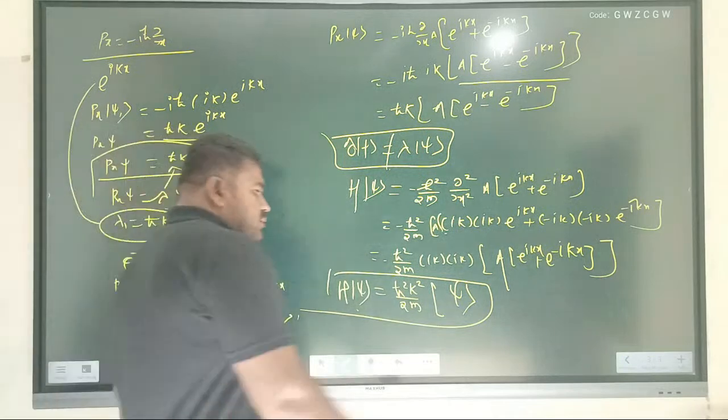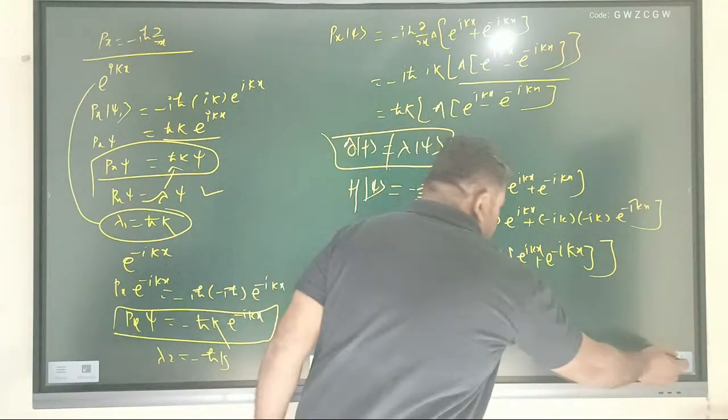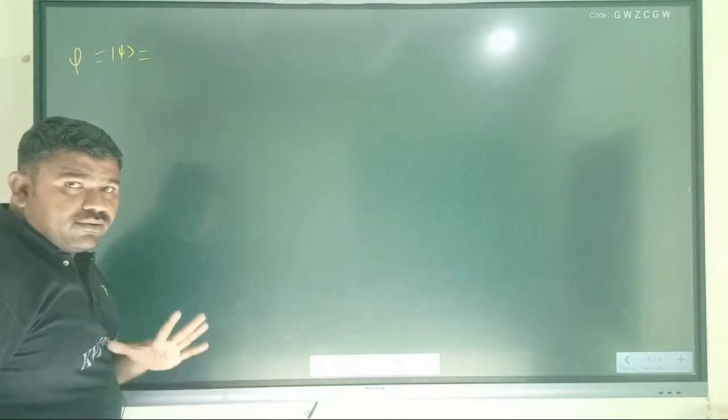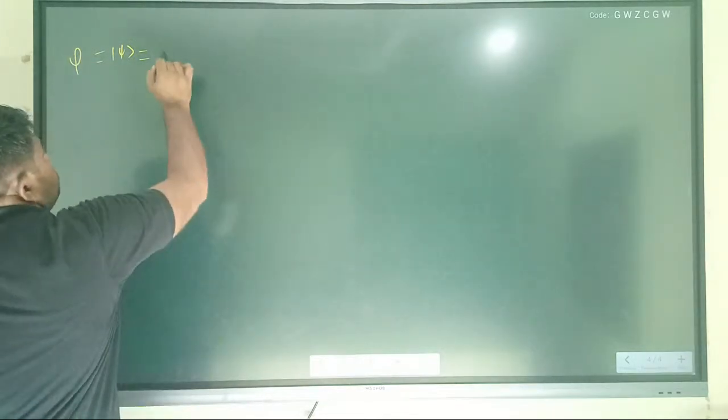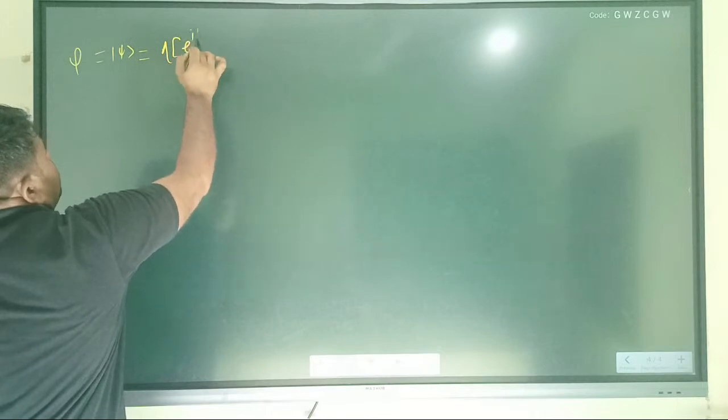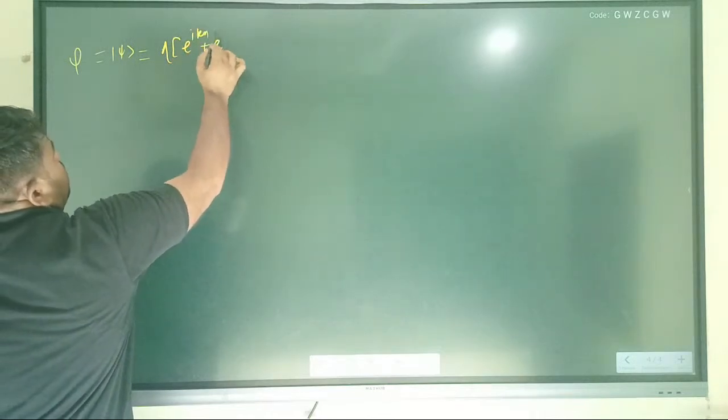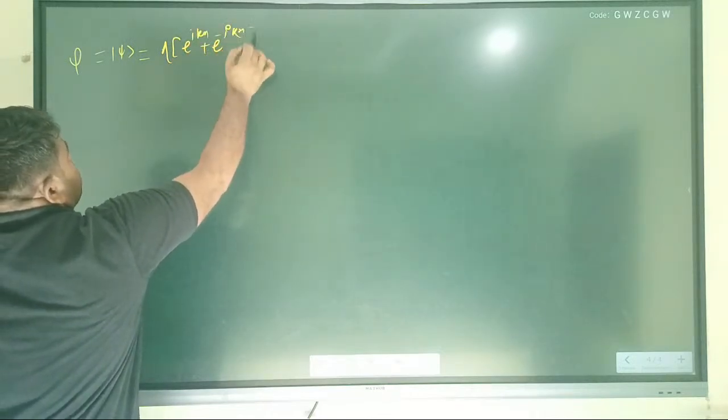Okay, now psi is this one. Then what is psi star? Psi is nothing but ket psi. जब हम psi लिखते हैं तो वो ket psi होता है, not only psi होता है. So this is equal to how much? a e to the power ikx plus e to the power minus ikx. लेकिन हमें bra psi लिखना है और star लिखना है.